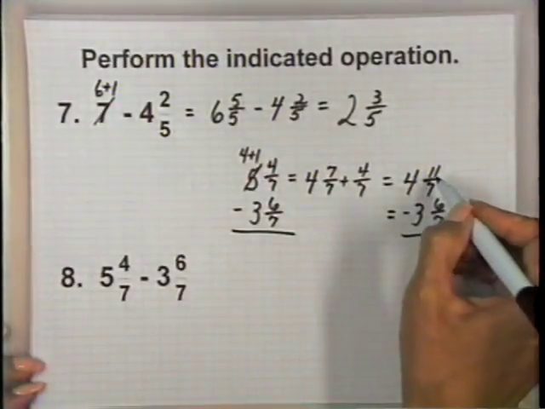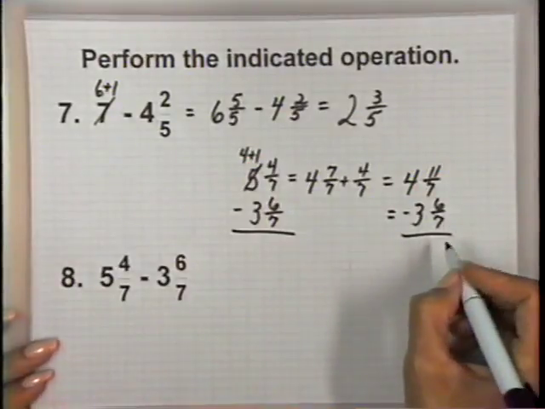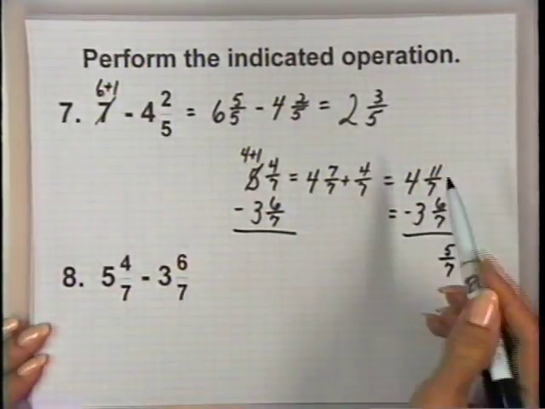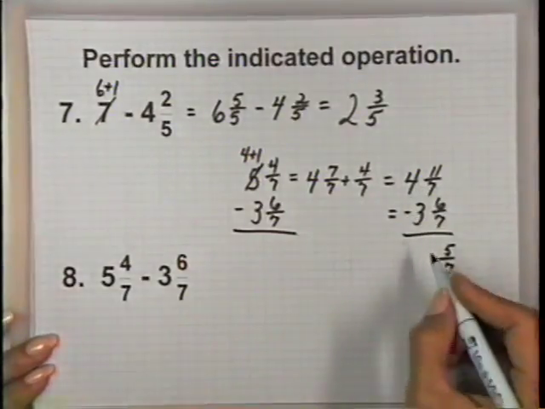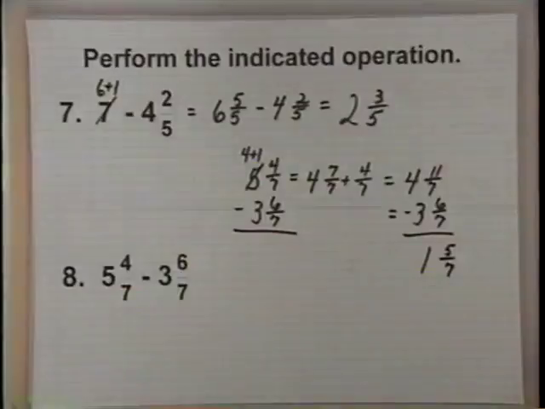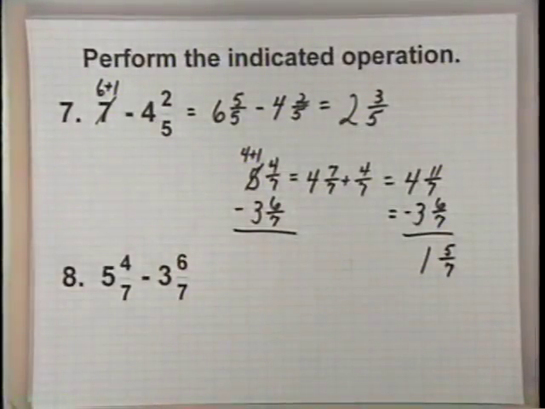So we may say 11 sevenths subtract 6 sevenths, that is 5 sevenths. And now let's subtract our whole numbers. 4 subtract 3 is 1. 5 sevenths is reduced. So that is our answer.